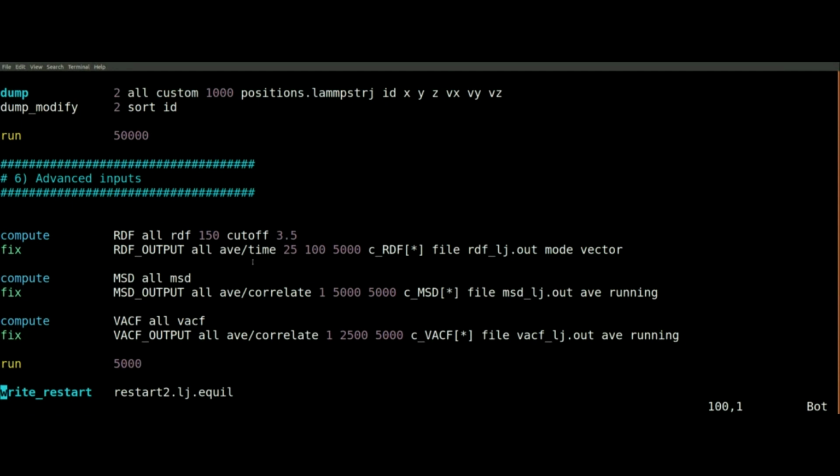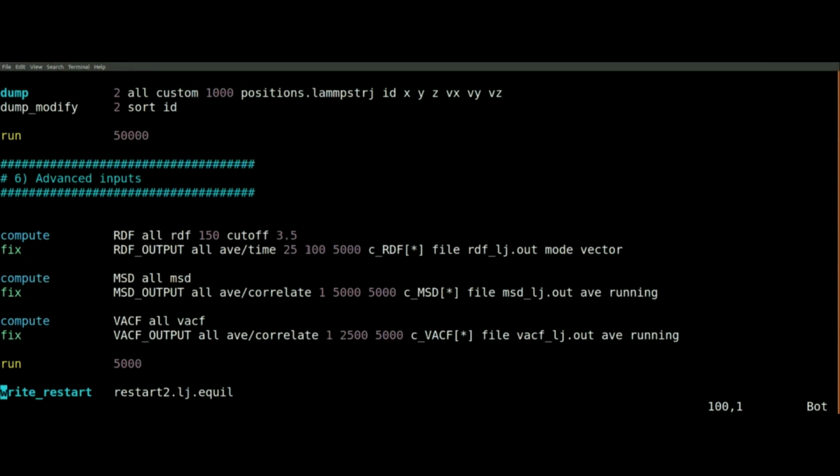I want LAMMPS to take a reading every 25 time steps for the last 100 time steps, and this is going to be for a simulation which runs 5,000 steps.